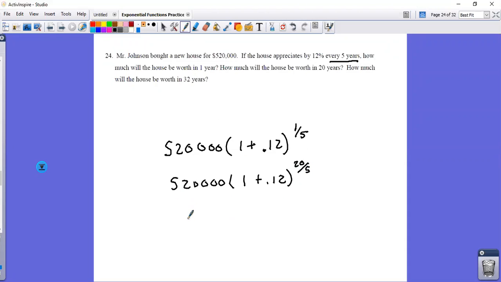How much will it be worth in 32 years? 1 plus 0.12, that would be 32 divided by 5. So 6 2/5, a little more than 6 years. So that's how you would do it: if it's every 5 years, just take the years and divide out the 5.